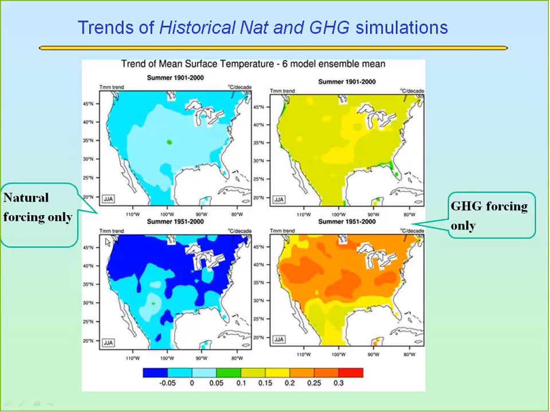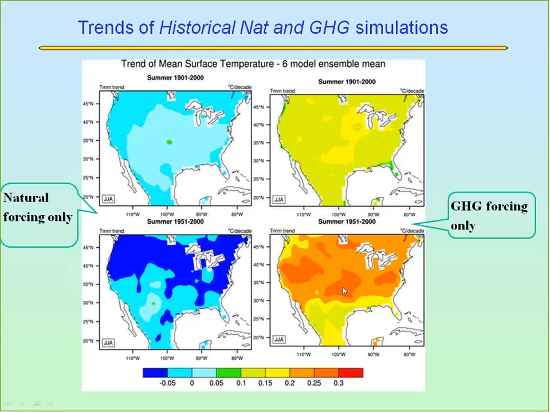You can see it has a cooling effect over the central U.S., and the greenhouse effect has a warming effect. Both are summer, all of these are summer, just different periods. Therefore, one answer here is that greenhouse warming is not causing the cooling.